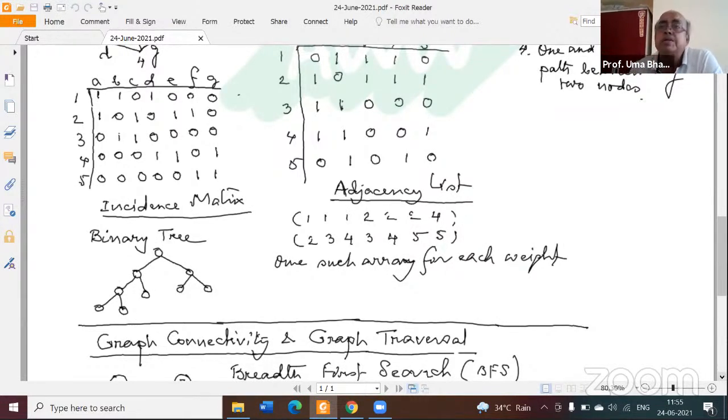So at level 0, we have only one node. At level 2, we have 2 nodes, 2 to the power n minus 1, that is 2. At level 3, we have 4 nodes. Level 4, it will go on like this, 2 to the power n order.